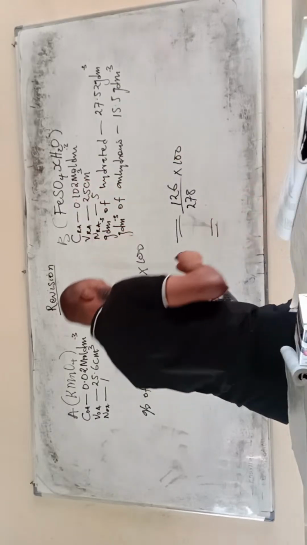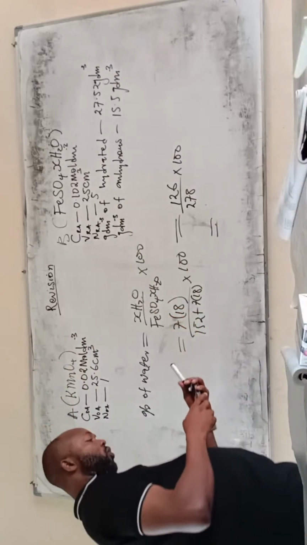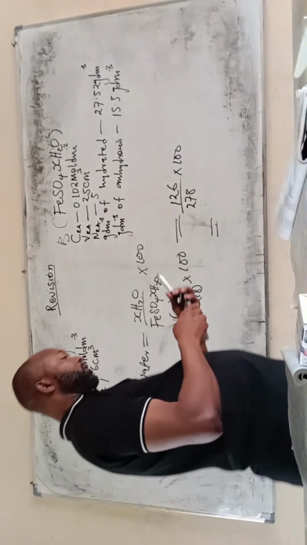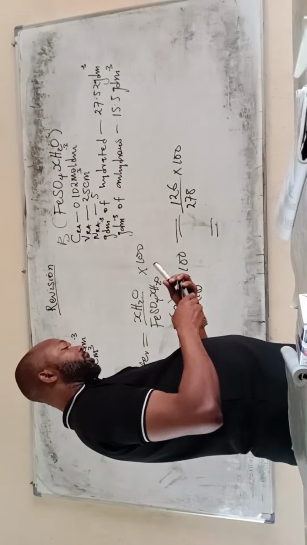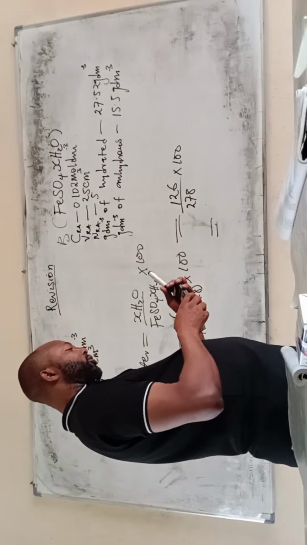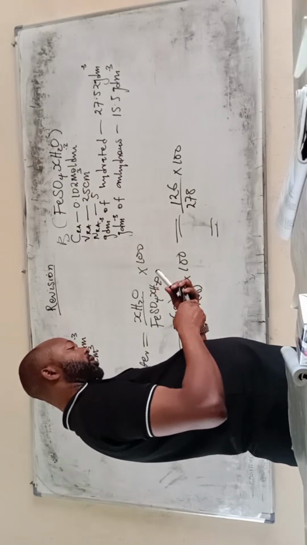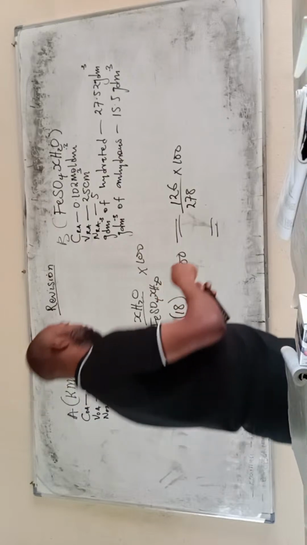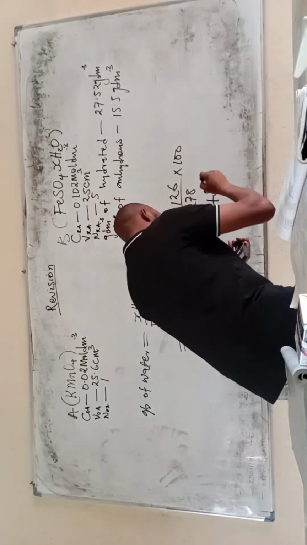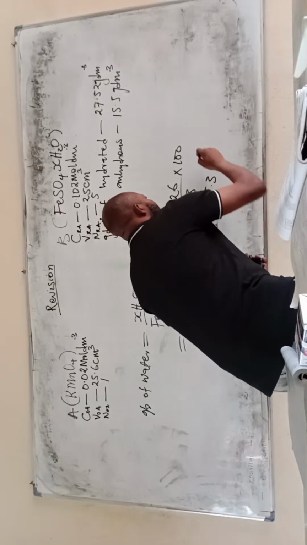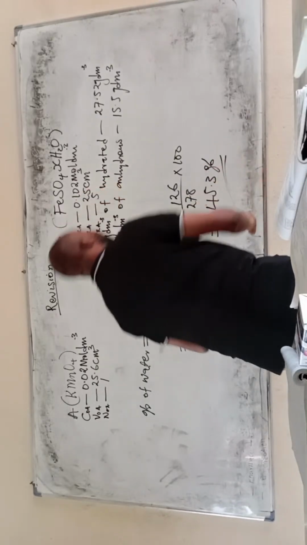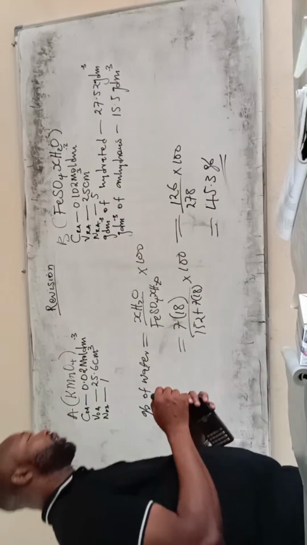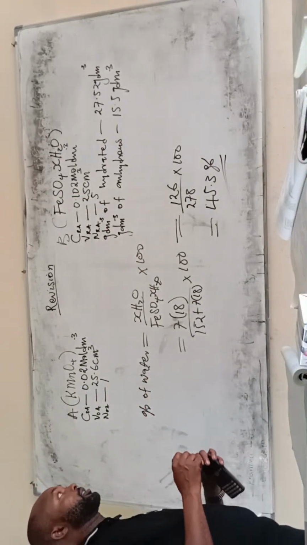So 126 times 100 divided by 278 is 45.3%. So the percentage of water of crystallization is 45.3%.